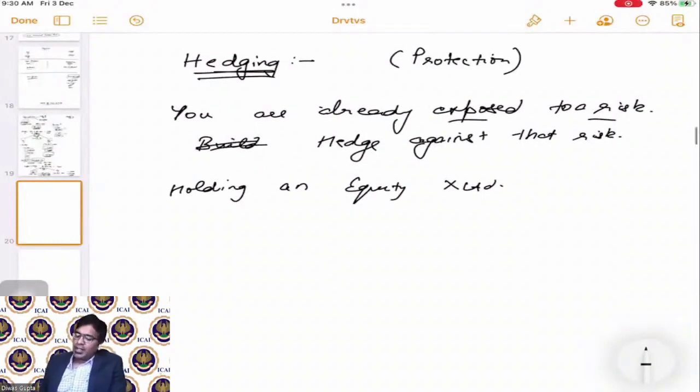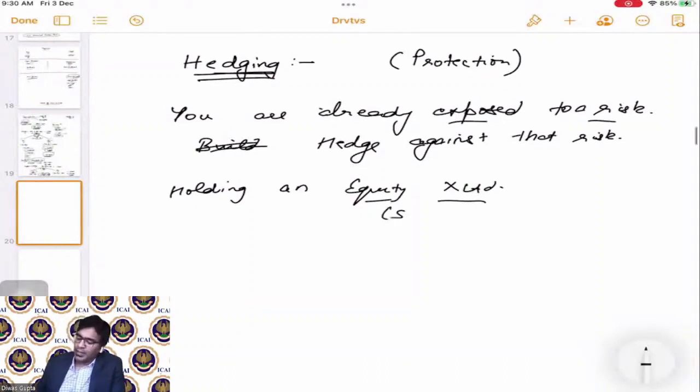So whatever is coming to the hedging is that you are already exposed to a risk. That means you are already holding an equity share of X Limited. Now, what is the risk that you are exposed to? If you are holding an investment in X Limited equity share, this is spot market. What is the risk?